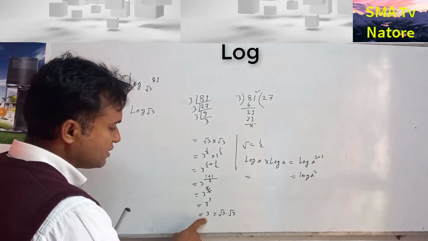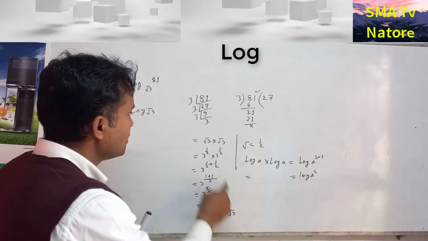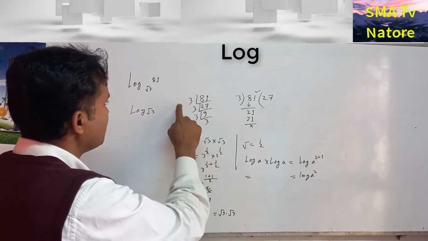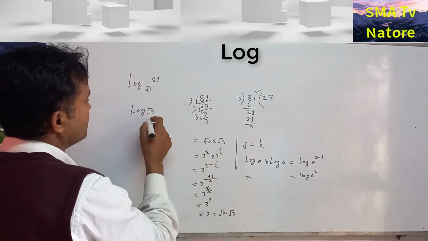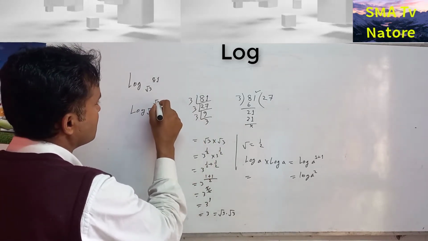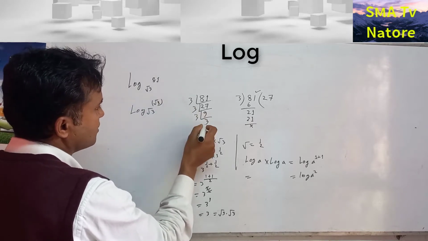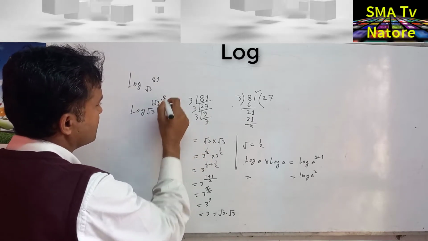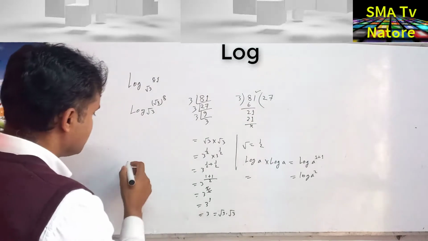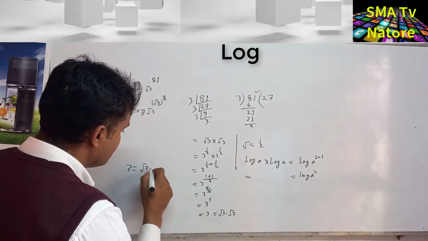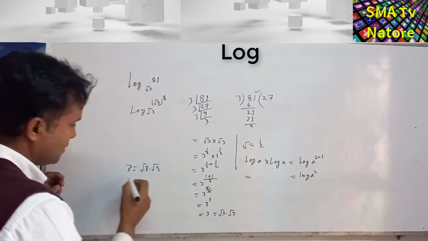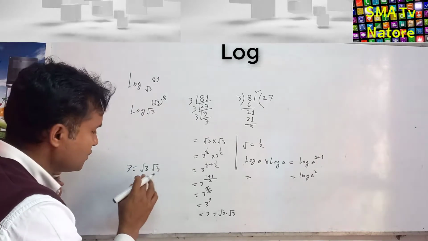So if we get 3 for 2 root 3, so 1 2 3 4, so 4 3, we can get that root 3, how many, that is 4 into 2, that is 8. So 3 for root 2 root 3 and root 3, so 1 3 for 2 root 3.